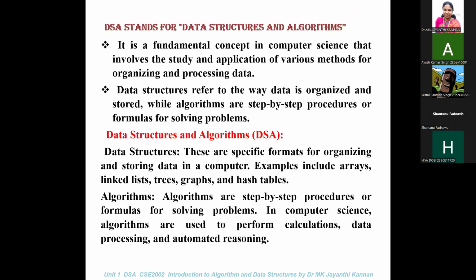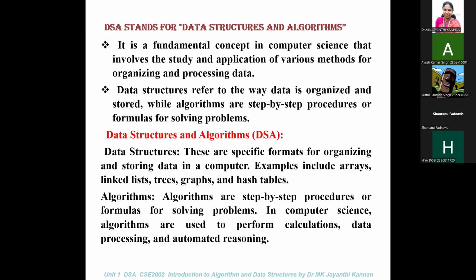Then what does DSA stand for? Data structures and algorithms. Data structures are specific formats for organizing and storing data in a computer. We know the data may be primary data or secondary data. The data may be of integer type, character type, float type or double type.